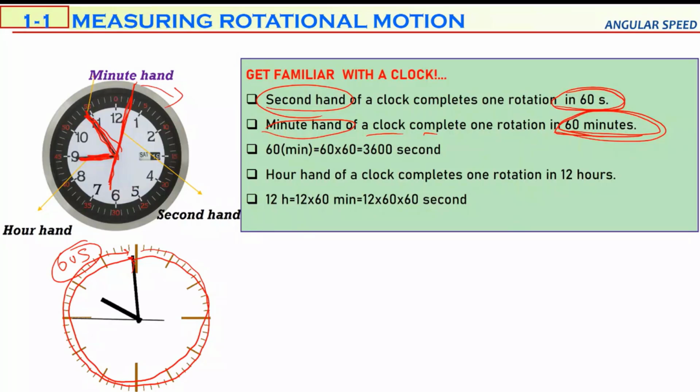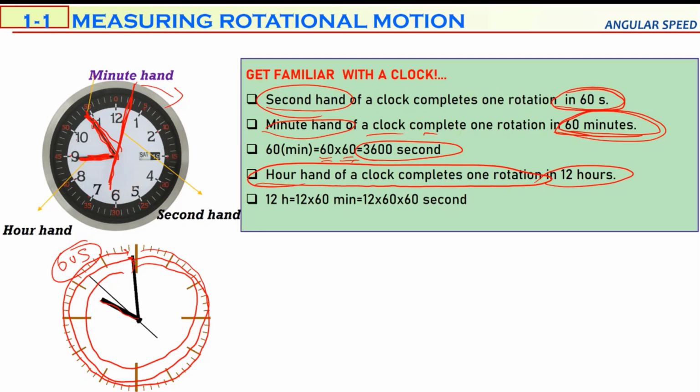So 60 times 60 is 3,600 seconds. But the hour hand, the shortest and slowest one, completes one rotation in 12 hours.